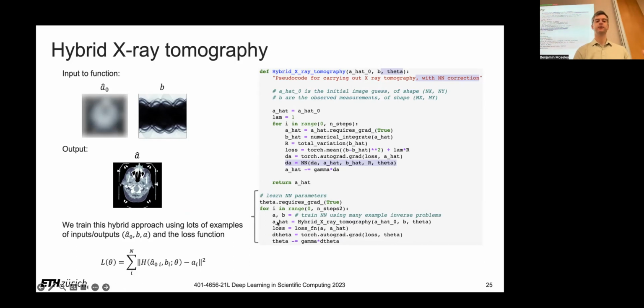This is the guess of what the solution of the inverse problem is. We match it to what we know is the true value from our training data. This is our new loss function, and we get gradients of that loss function with respect to the parameters of the network, which is just an input here to the hybrid function. And then you do gradient descent on theta. So this is exactly how you would train a neural network. It's just that the function here is not a neural network, it's a hybrid function instead.